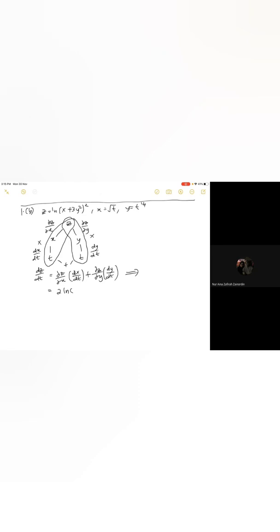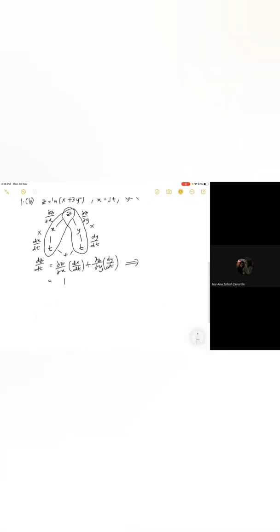Okay, sorry. It should be ln first. Sebab dia bukan bracket. So beza ln dapatlah 1 per X tambah 3Y kuasa 2. Kuasa 2. The whole thing.